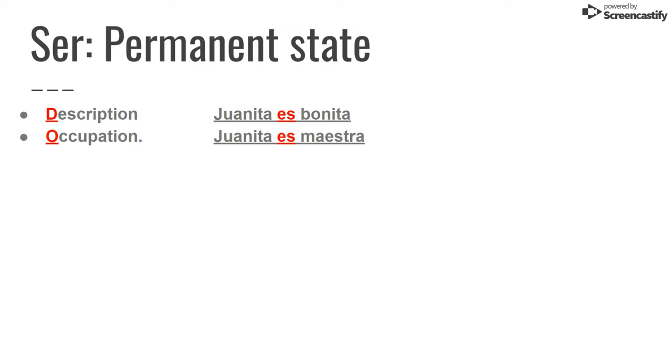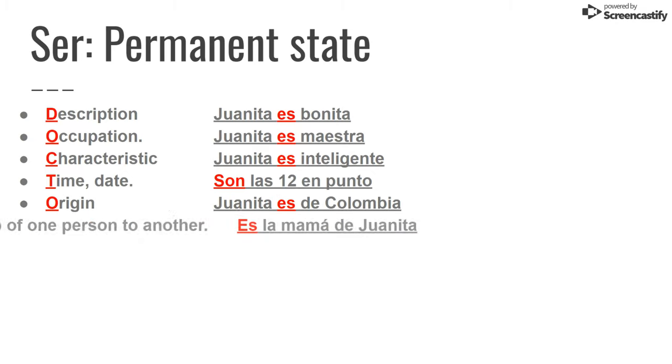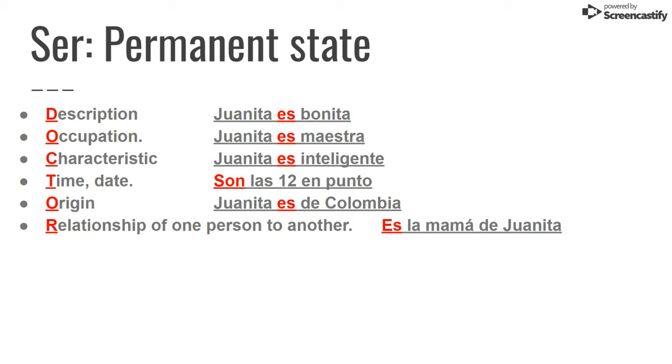If you use ser, it's more like a permanent state, long term. We use it for description, occupation, characteristic, time or date, origin, and relationship of one person to another. So if I say Juanita is pretty, Juanita is a teacher, Juanita is smart, it is 12 o'clock, Juanita is from Colombia, she is Juanita's mom.